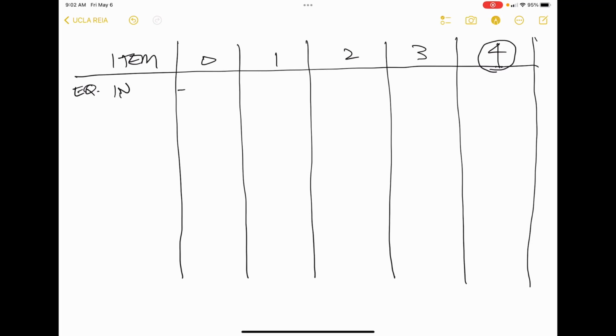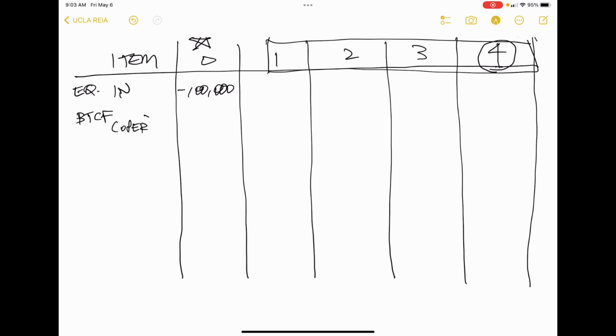That's going to be, for example, $100,000, and it's times 0 because that's what we need to put into the deal in order to close it. These subsequent years are going to be our hold period. Then we're going to have our before-tax cash flows from operations. In this example, we'll just say for the sake of argument that it's $25,000 per year.